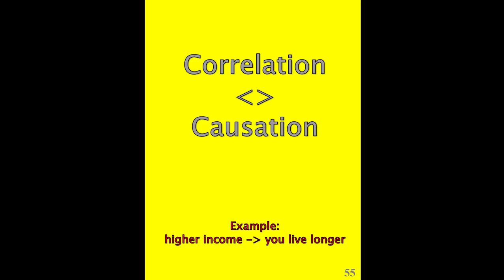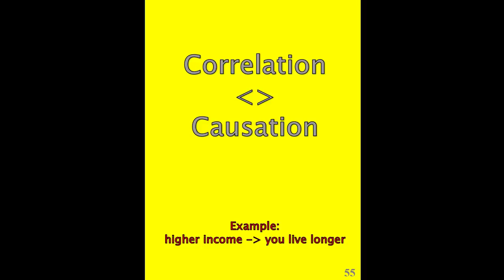Okay, and finally, something not to confuse would be correlation and causation. You try to imagine that the thing that you use to predict something else is somehow causally related, but it need not be. One thing that we know is, well, people with a higher income live longer. That is an empirical fact. So there certainly is a correlation between the two.